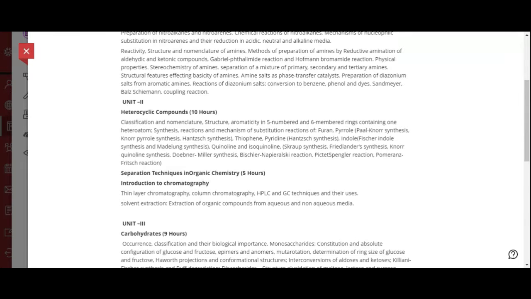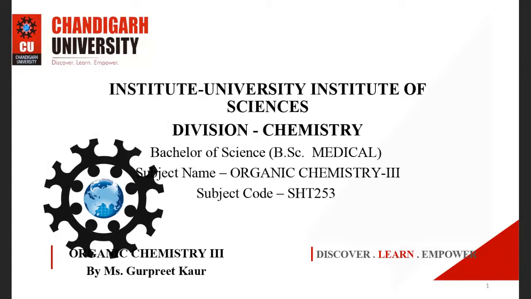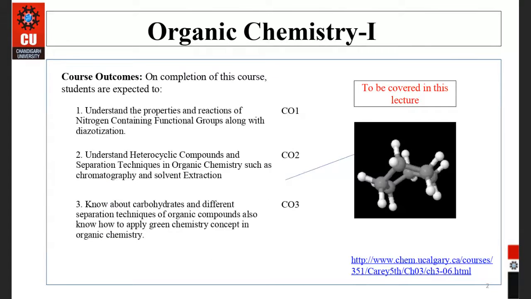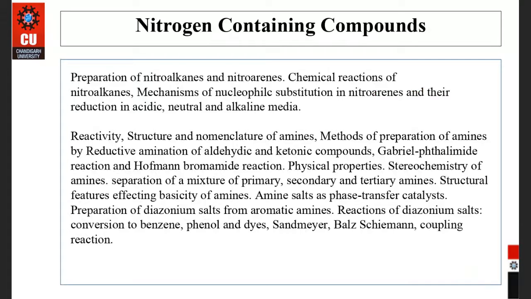Starting with nitro groups, what are nitro compounds first? Just see properly the syllabus of first unit, in which preparation of nitroalkanes and nitroarenes is there, chemical reactions of nitroalkanes, and also chemical reaction of nitroarenes and their reduction in acidic and neutral and alkaline medium.